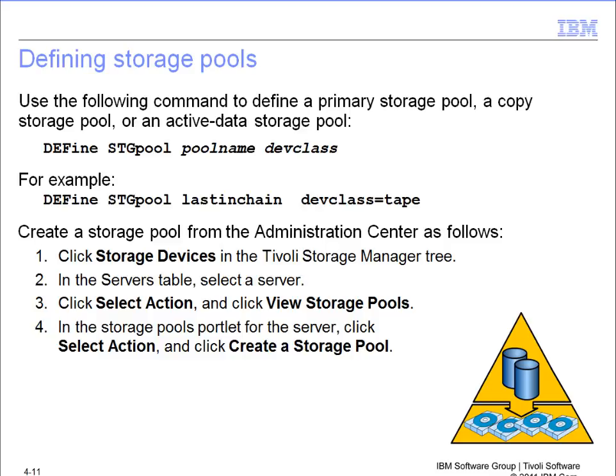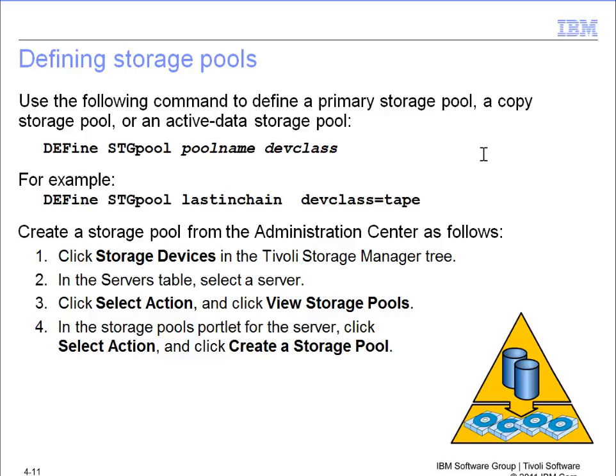Once you've defined your device class, you can define storage pools. The command is define storage pool, or DEF STG, the name of the pool and the name of the device class. Now, depending on the device class, you might have additional parameters.